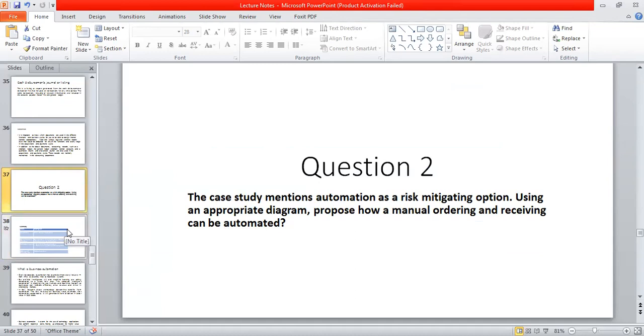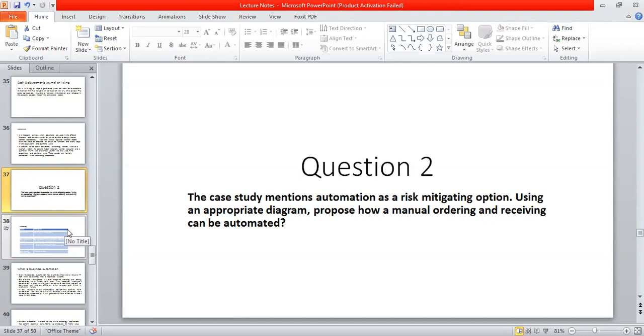Okay, no problem. Question 2: the case study mentions automation as a risk mitigation option. Using an appropriate diagram, propose how a manual ordering and receiving can be automated.